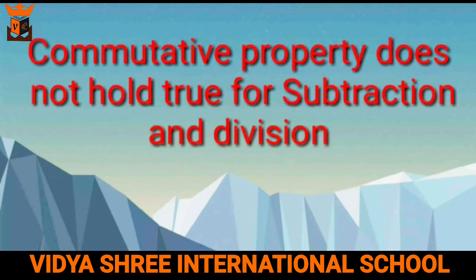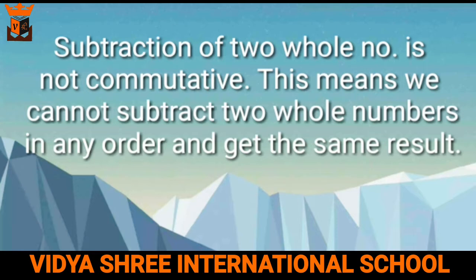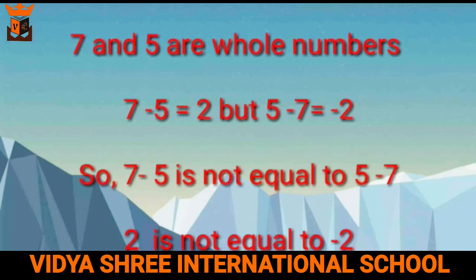Commutative property does not hold true for the subtraction and division. Subtraction of two whole numbers is not commutative. This means we cannot subtract two whole numbers in any order and get the same result. Let us take two numbers 7 and 5. So 7 minus 5 is equal to 2, but 5 minus 7 is equal to minus 2.